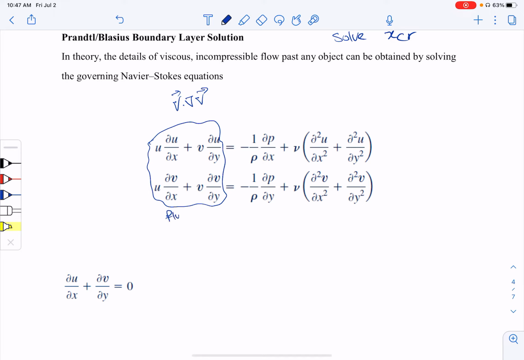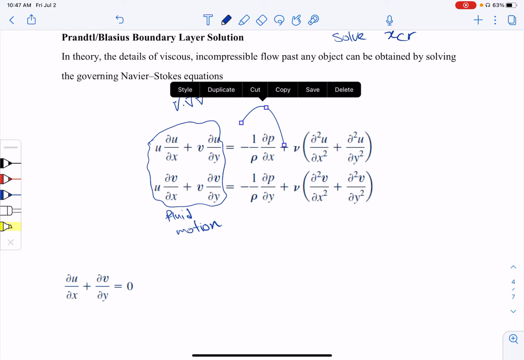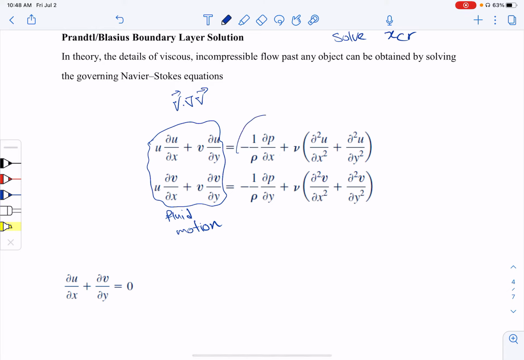So fluid motion. And this one right here is the pressure effect.